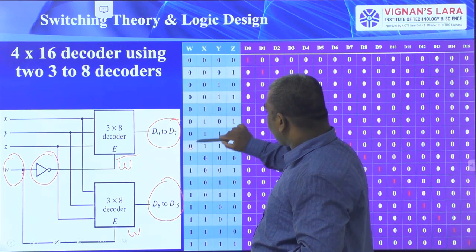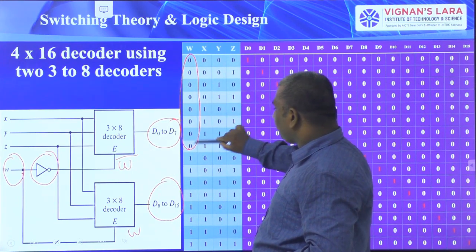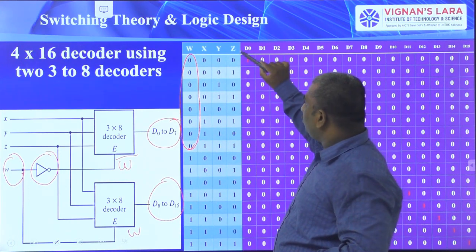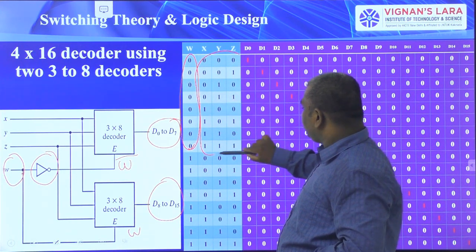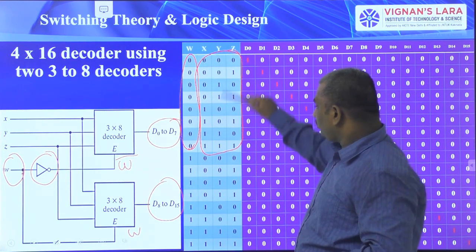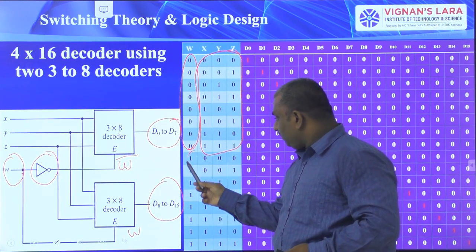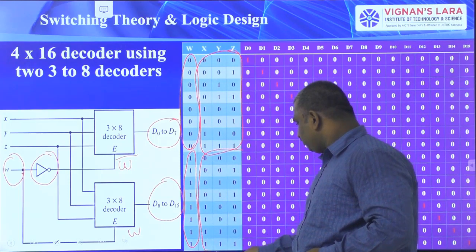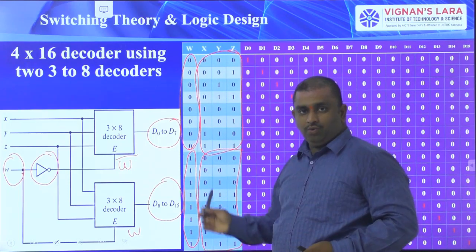W bar means we are representing W equal to 0. With W equal to 0, the XYZ combinations are 000 to 111. And with W equal to 1, the remaining 8 combinations from 000 to 111 we have here.